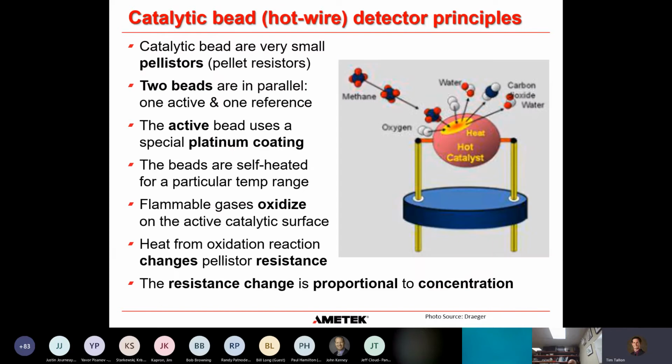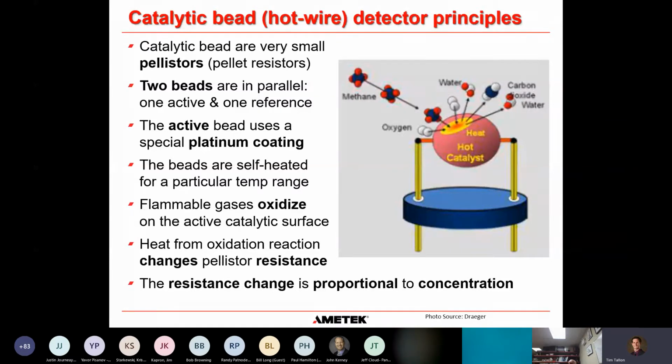Let's talk about the catalytic bead detector because that's really where it's used heavily within methane measurement. So the catalytic beads themselves are very small pelistors. They're between 5 to 10 ohms. And as I said before, there's two beads in parallel. There's an active and one reference bead.